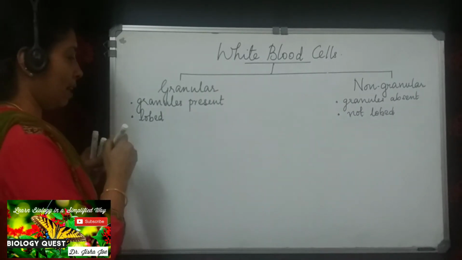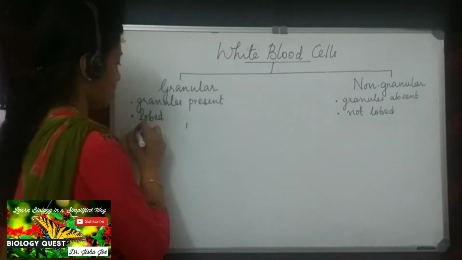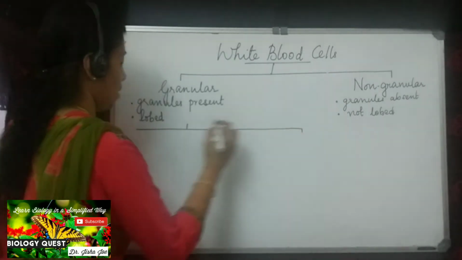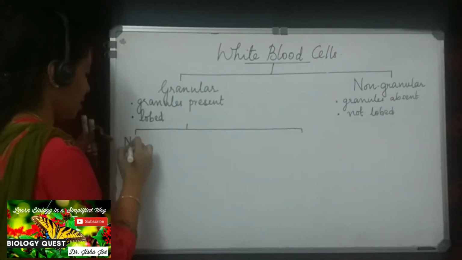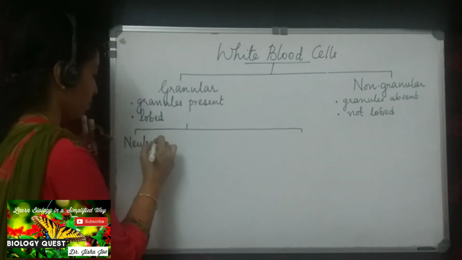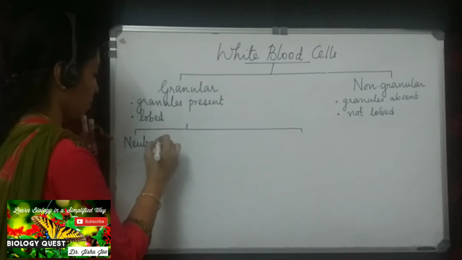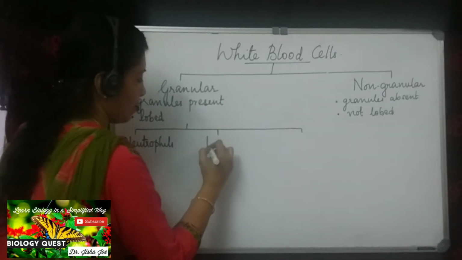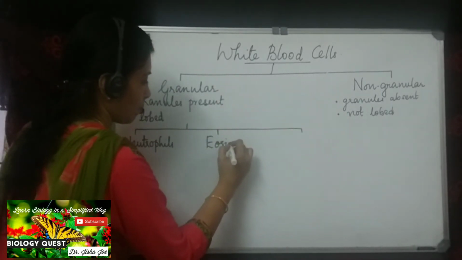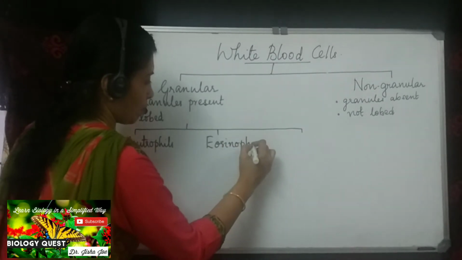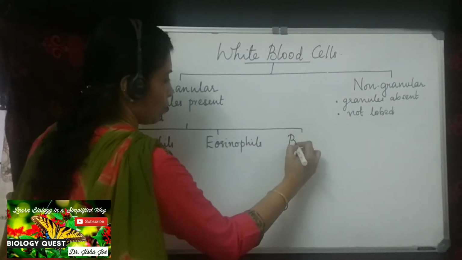Now the granular WBCs are again classified into three: the neutrophils, eosinophils and basophils.